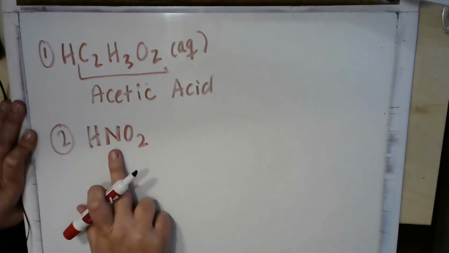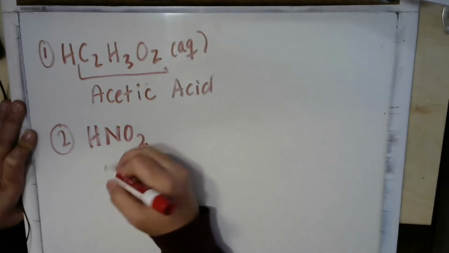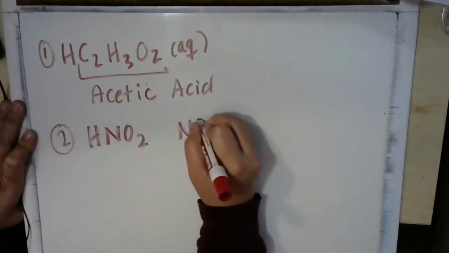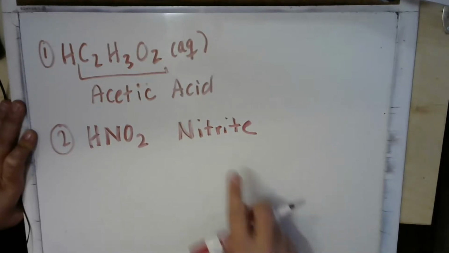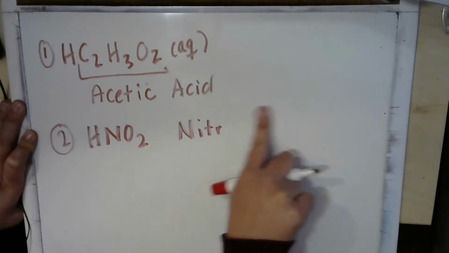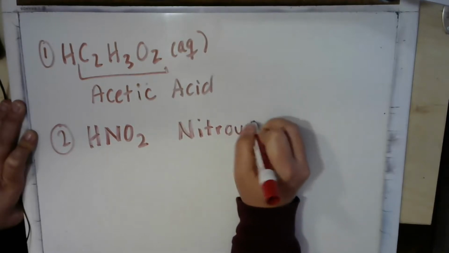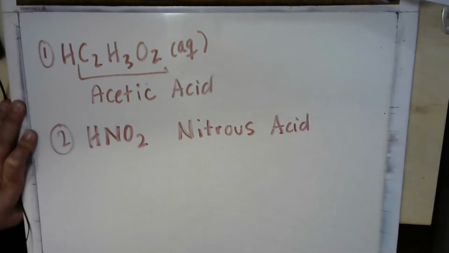What polyatomic ion is NO2 minus? It's the nitrite ion. So I'm going to take the ITE ending, get rid of it, and replace it with the OUS ending. Nitrous acid.